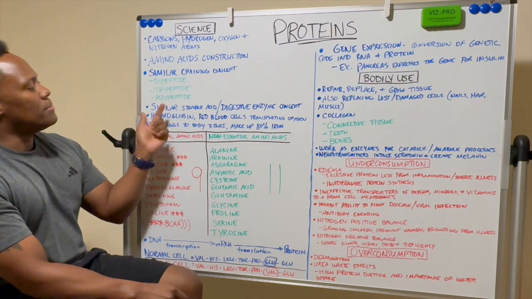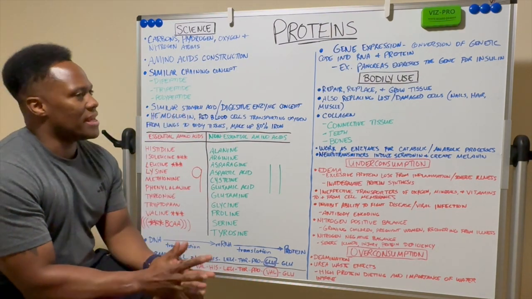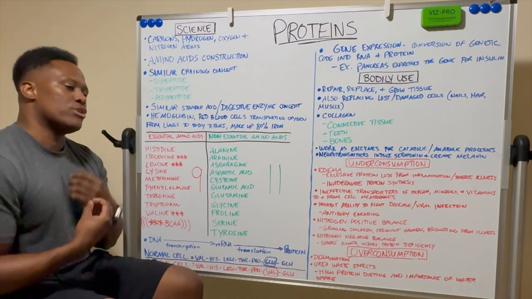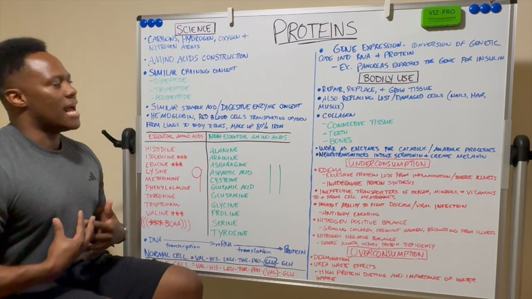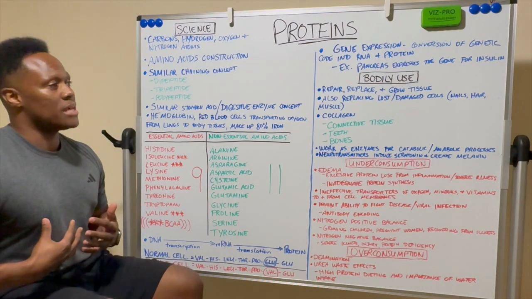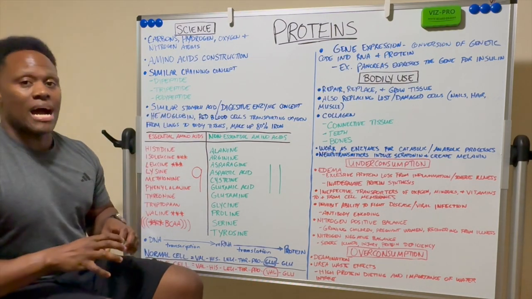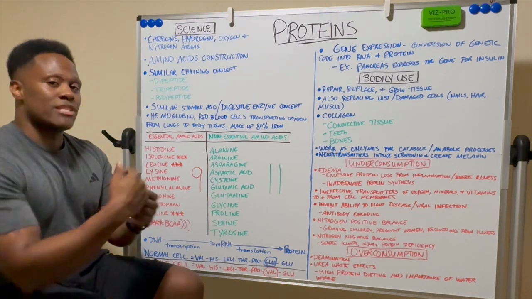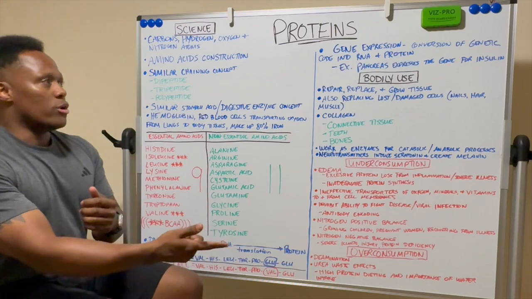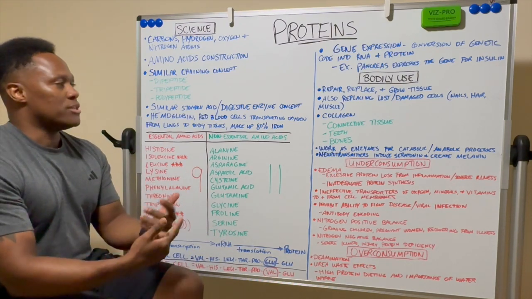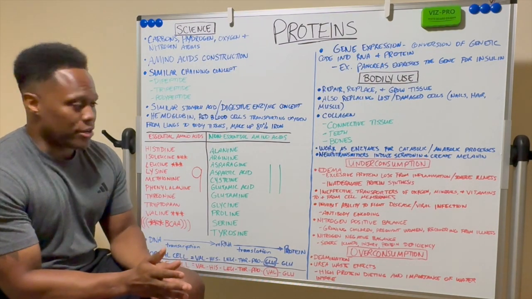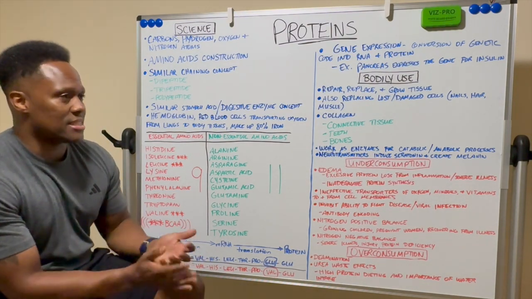And they also have a similar stomach acid and digestive enzyme concept. With proteins, when you intake protein-rich foods, your stomach acid and digestive enzymes take the peptides and break them into individual amino acids for transport to the cells for energy, or even to be constructed into more compounds if that's required, depending on what's going on with your body at the time.